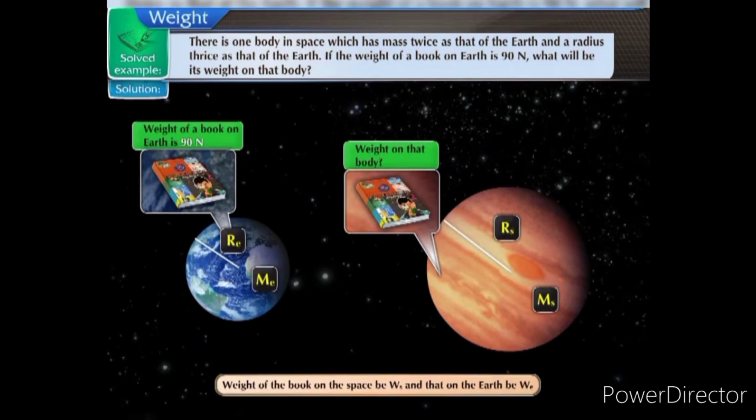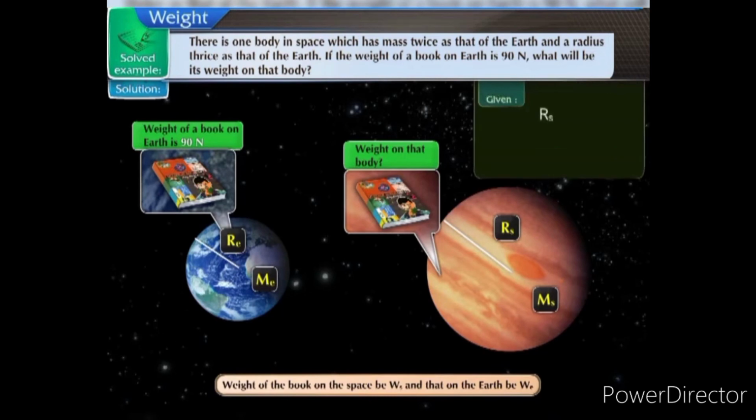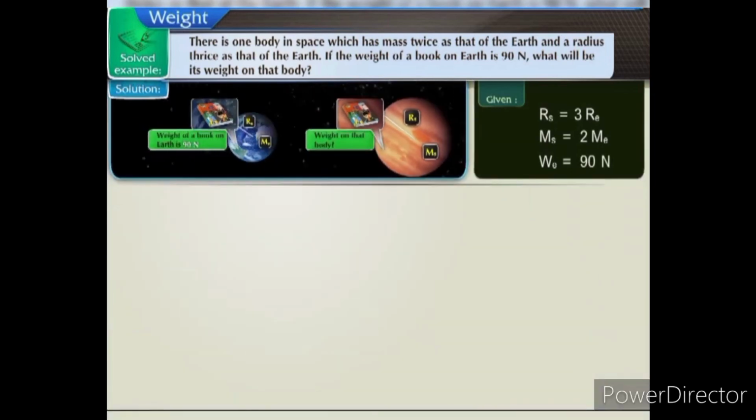Let the weight of the book in the space be Ws and that on the earth be We. Given Rs is equal to 3 Re, Ms is equal to 2 Me, We is equal to 90 Newton.